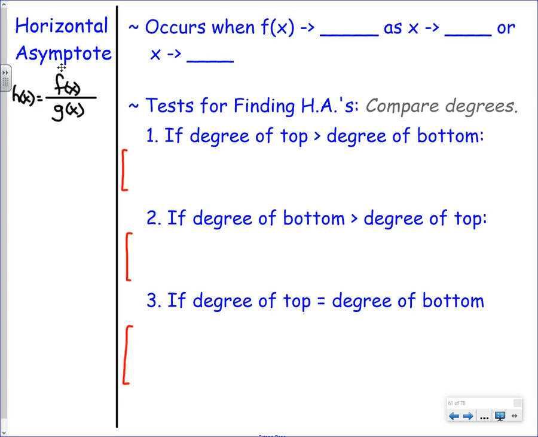Okay. Now pause. Vertical asymptotes, we're not going out, we're coming in. So in this last one, when we were coming in and the function was going, where was it going?